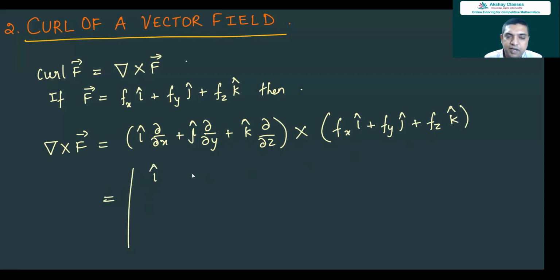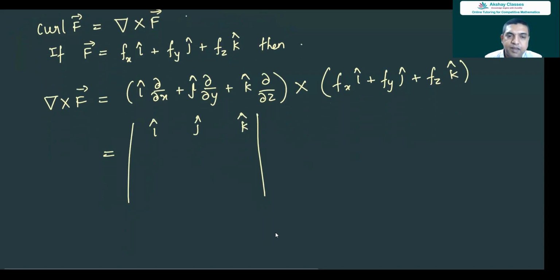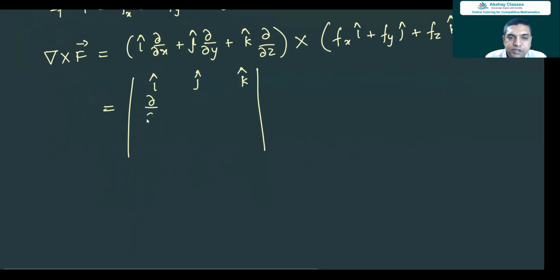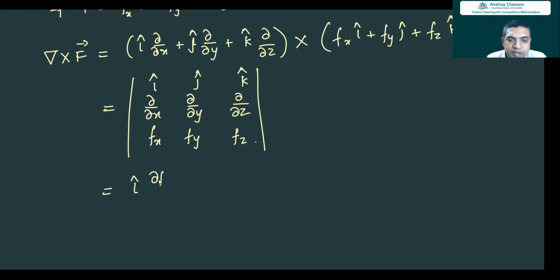It is determinant of I, J, K, the elements of the first one and the elements of the second one. So now we get this, I times dou Fz by dou Y minus dou Fy by dou Z.